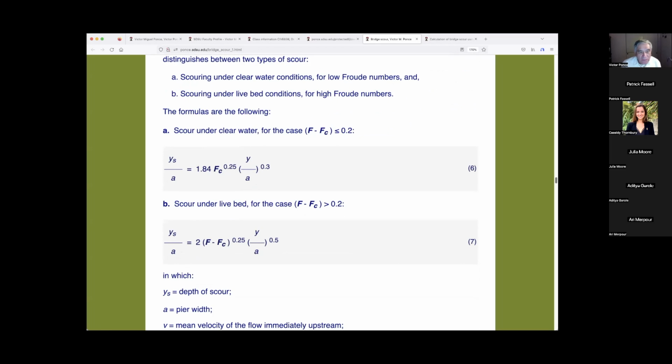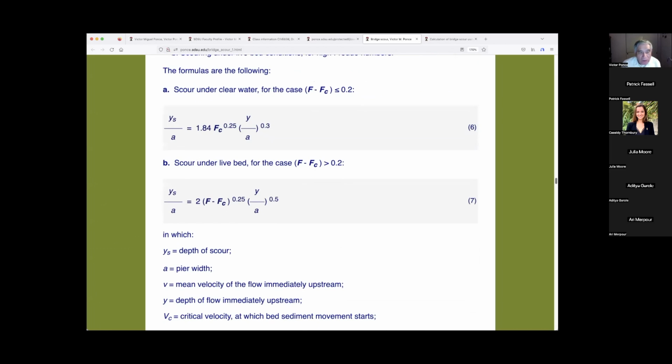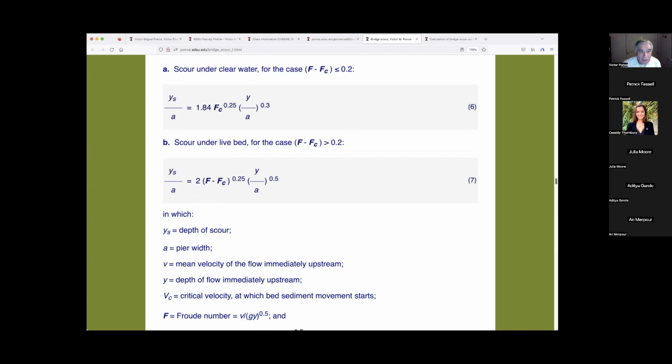Okay, the formulas are the following. Here are the formulas. Again, empirical formulas by Jain and Fischer. Where did the 1.84 come from, right? And the coefficients, but that's it. That's the state of the art in scour calculations: empirical formulas. Scour under clear water, scour under live bed.